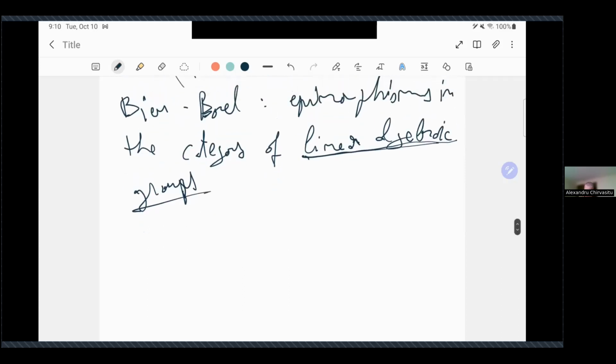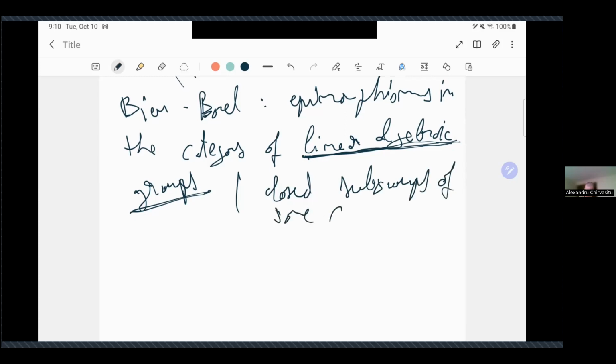Now, I don't have to unpack what all of this phrase means because we can think of them very concretely. So these are closed subgroups of some GLN of C. So we'll work over the complex numbers.